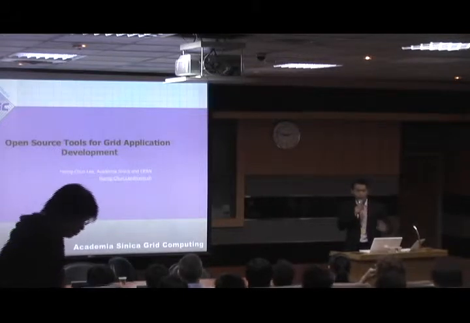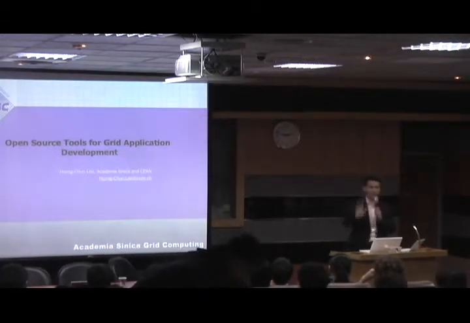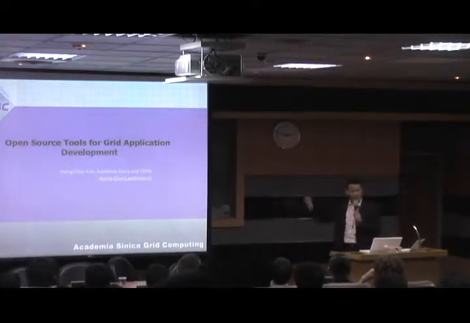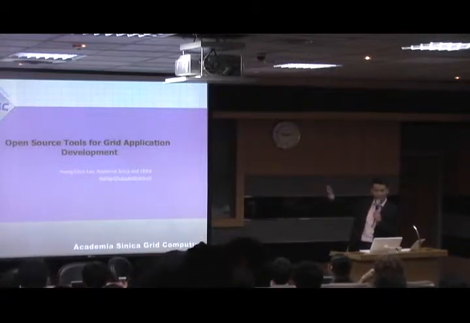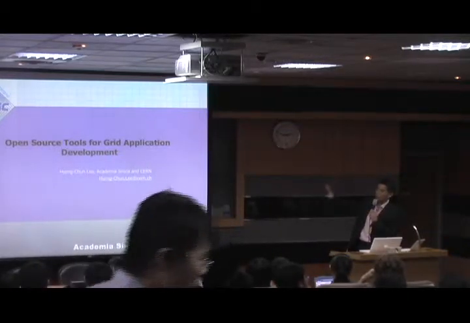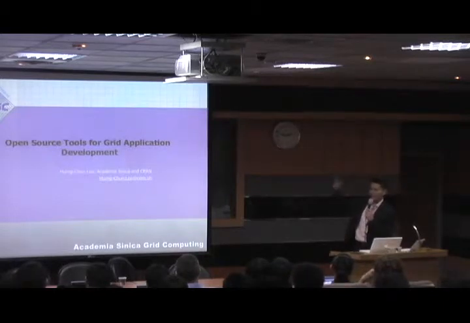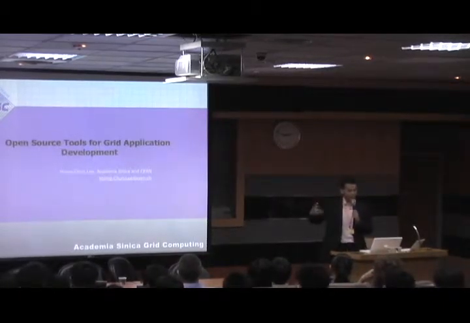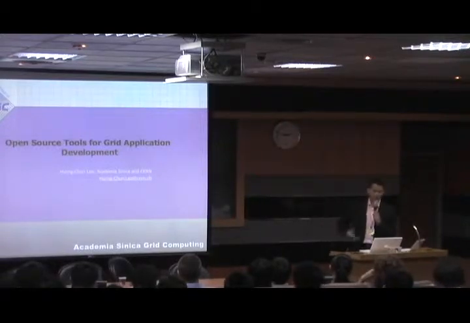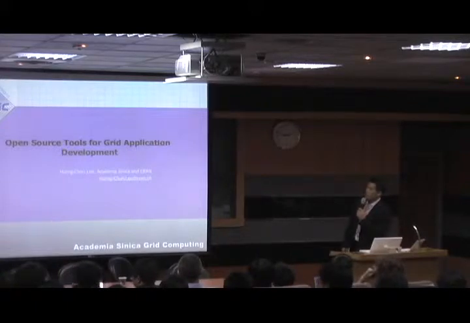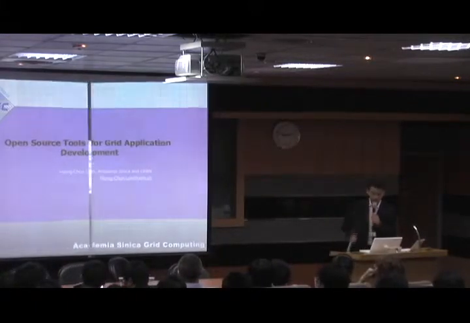This is my first time to face the open source community, so I selected some examples which are open source. From my point of view, open source means the source code is available and you can modify and distribute it freely. So, let's start.